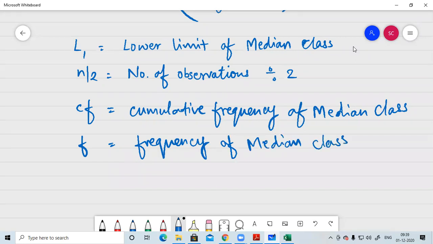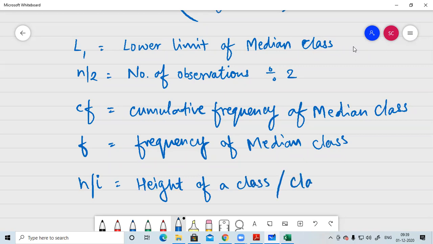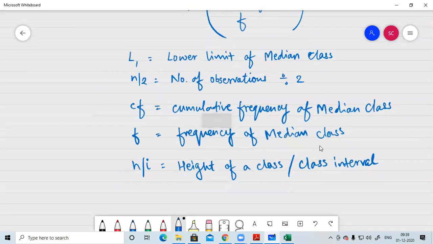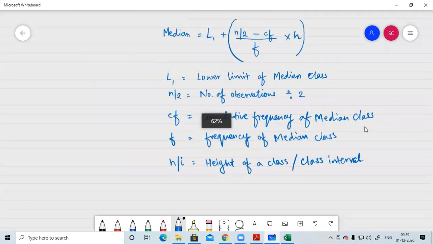And do you remember what h stands for? Some people also write h as i. h stands for height of a class, or width of a class. Correct. Height, also known as class interval, class width, length of a class and size of a class. Is this understood? Yes, sir.